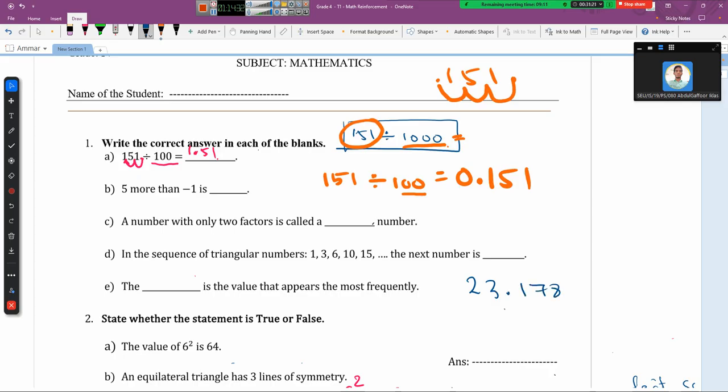23.178 divided by 10,000. What's the answer? Sir.